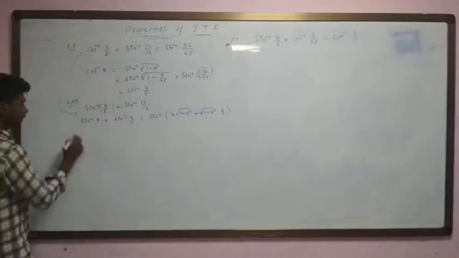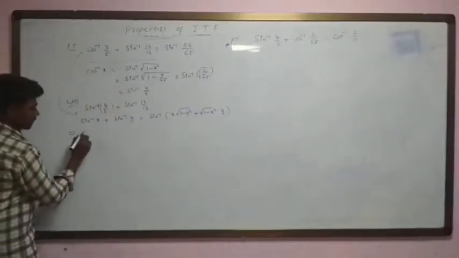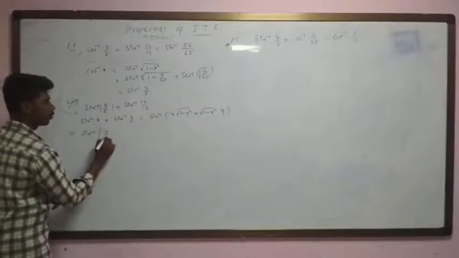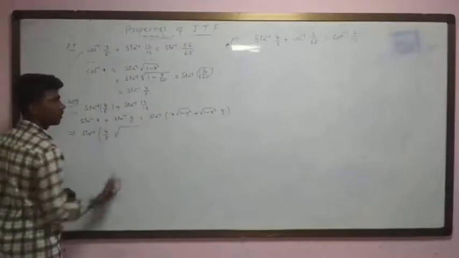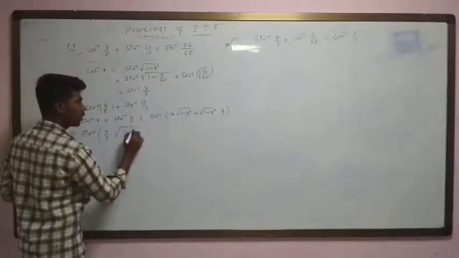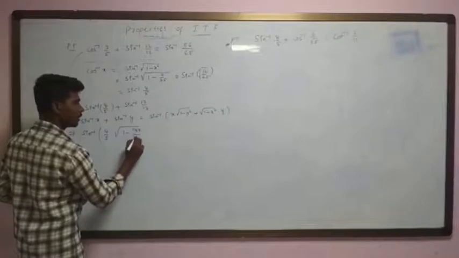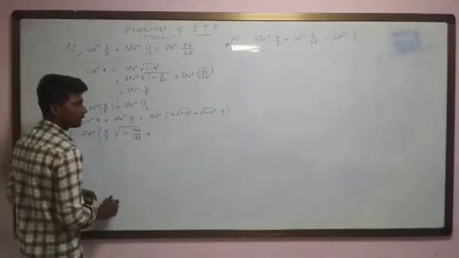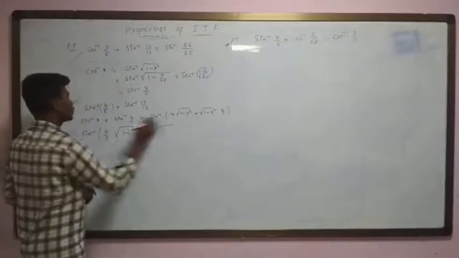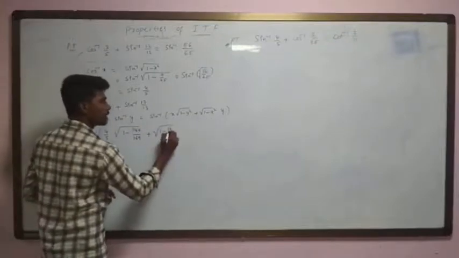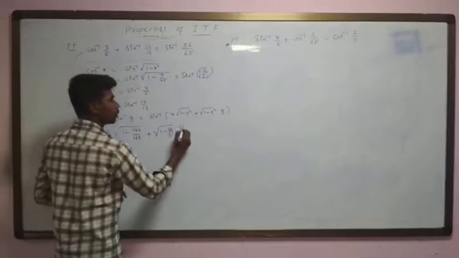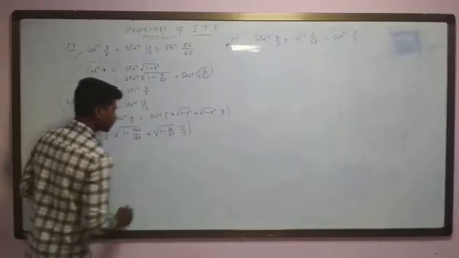Simplifying that way, it is equal to sine inverse of x, 4 by 5 into root of 1 minus y square, y is 12 by 13, 12 square is 144, 13 square is 169, plus root of 1 minus x square, 4 by 5 whole square is 16 by 25, into y, which is nothing but 12 by 13.